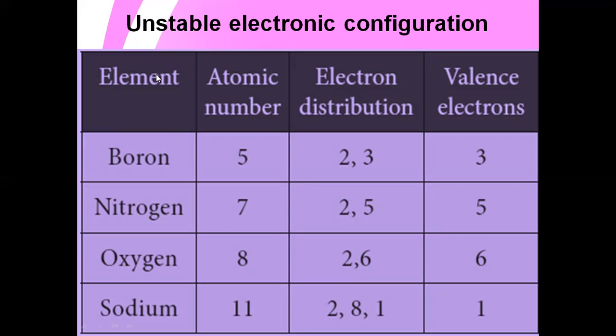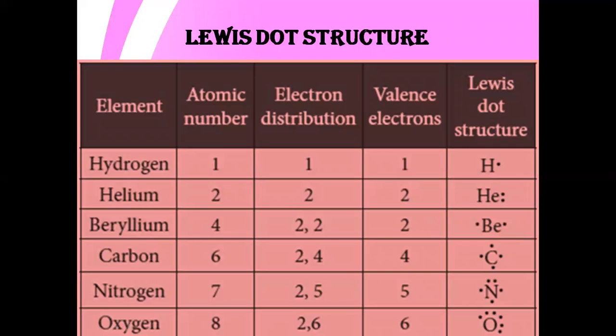Lewis dot structure. So first you find out what the Lewis dot structure is. The valence electrons of the atoms are put as dots. First, for example, hydrogen.